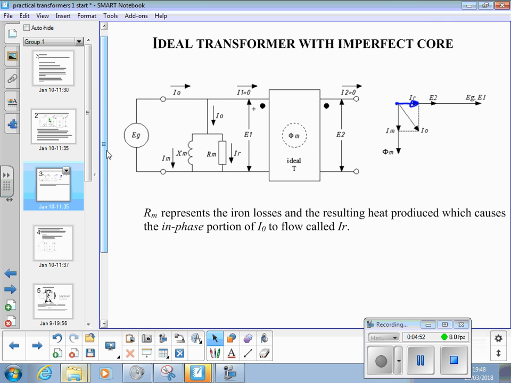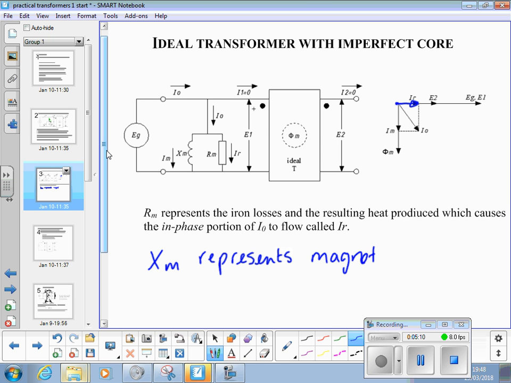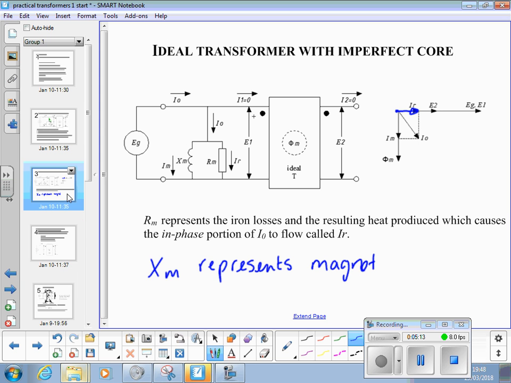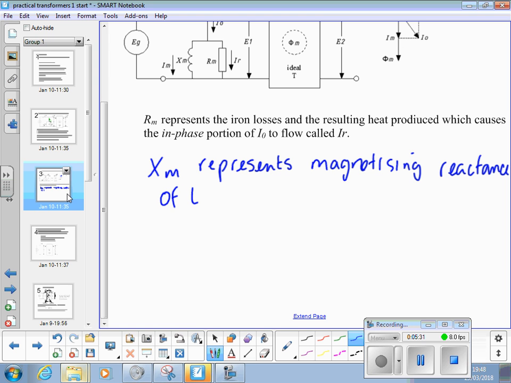XM represents the magnetizing reactance of the primary coil.